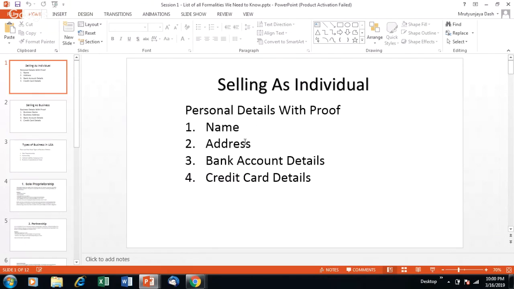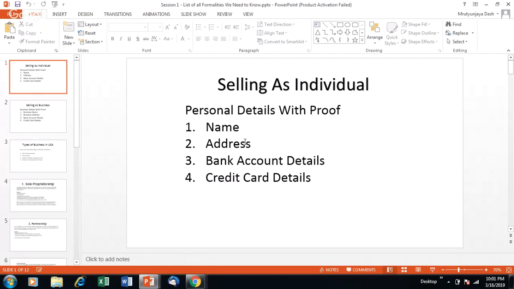Initially, when you register, the credit card is mandatory because they immediately charge $39 for your registration. Usually when you create your account, it will be created as a professional account.